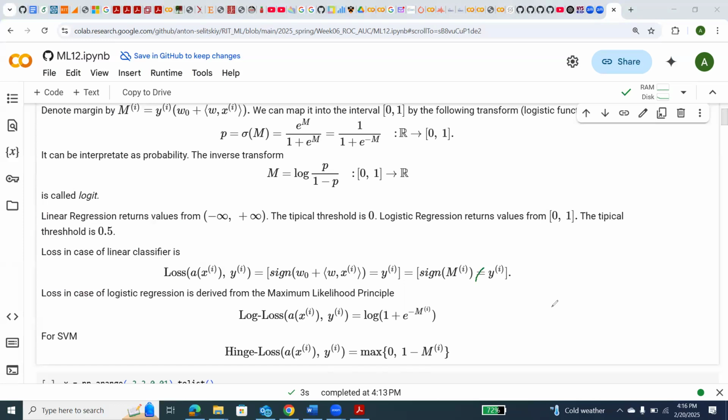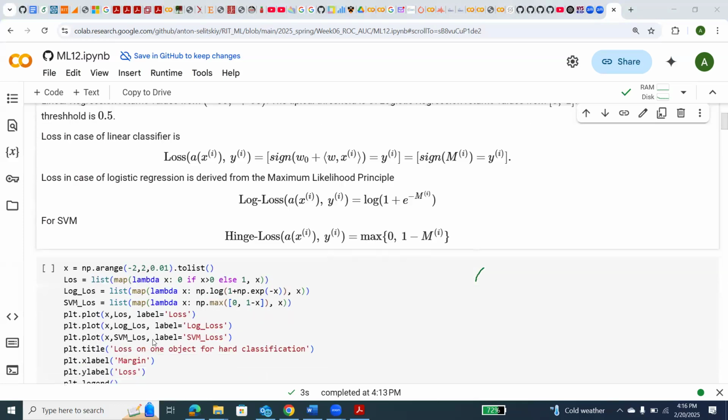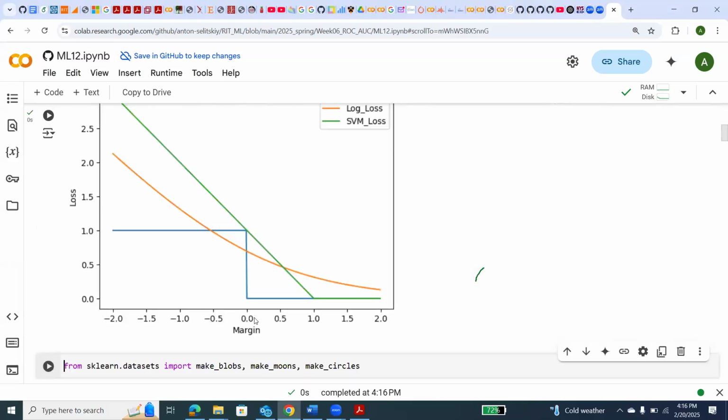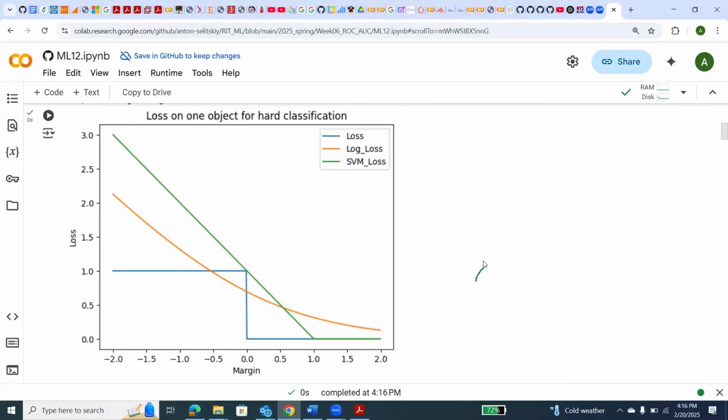So how it looks like, and finally hinge loss. If we plot these three loss functions, these are loss functions only for one data point. Then the blue line corresponds to the hard classification. If we don't make an error, the loss is zero. If we make an error, then the loss is one.